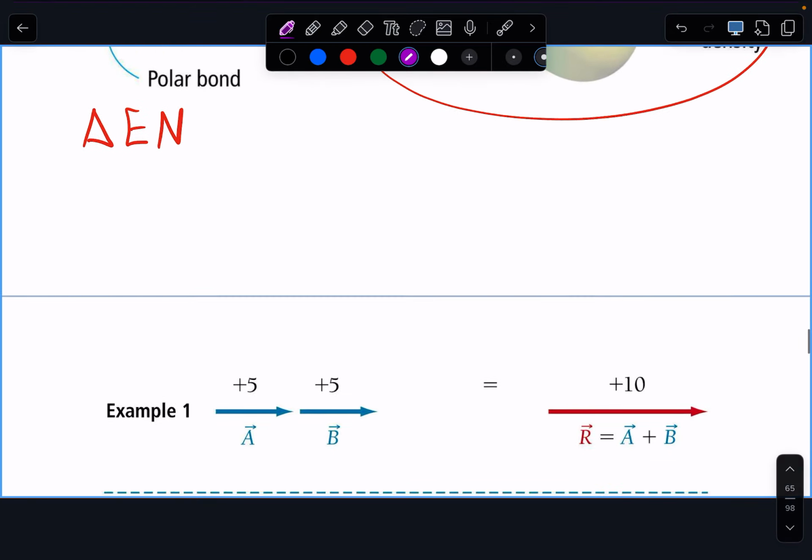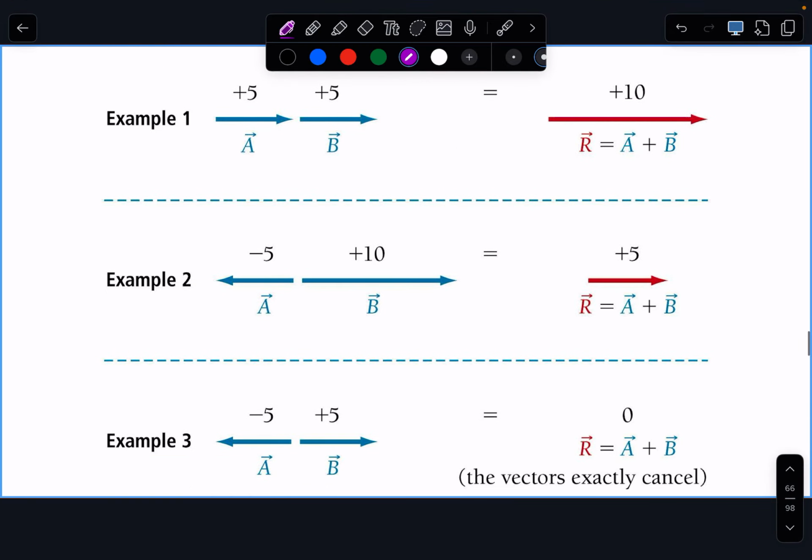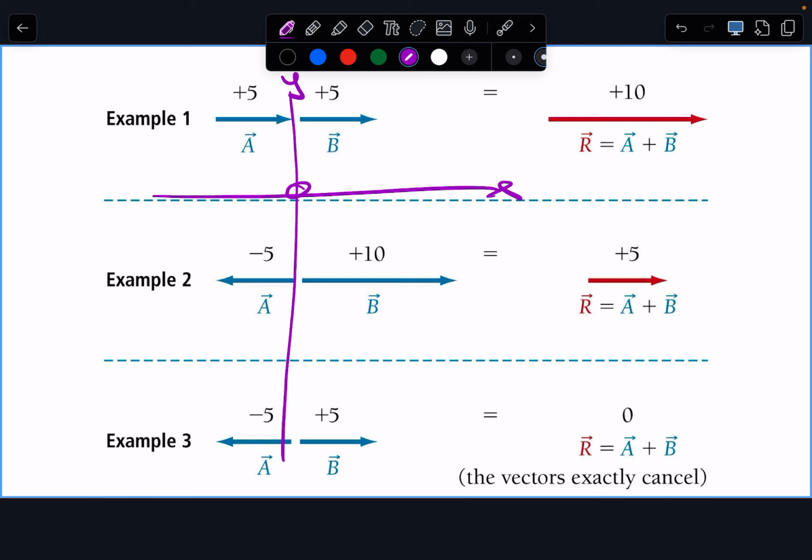Okay, so when we look at vectors, these arrows that have a particular size and direction, it's important we understand how they work. If we had two of these vectors that are the same direction, so think of a number line, X and Y, this is like our 0 point. If they're both pointing in the positive direction and we add them together, they're going to be additive.